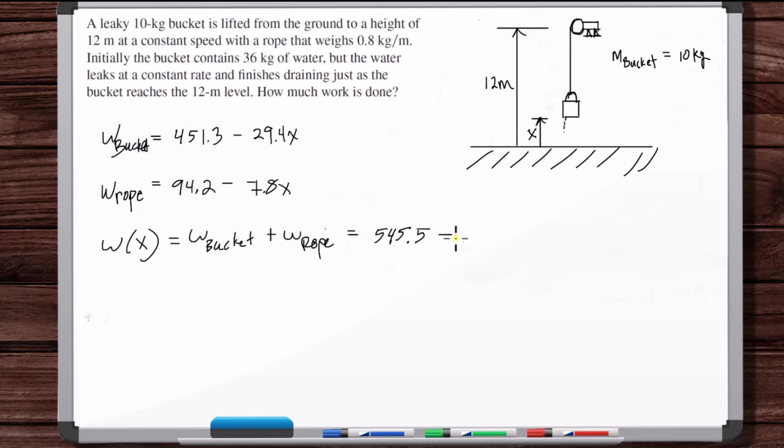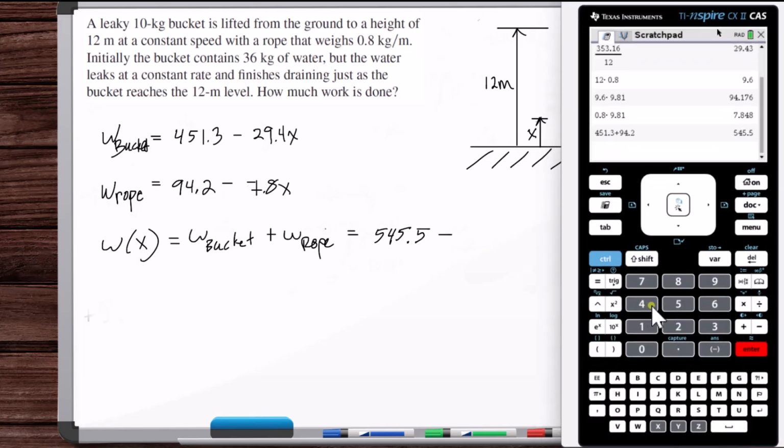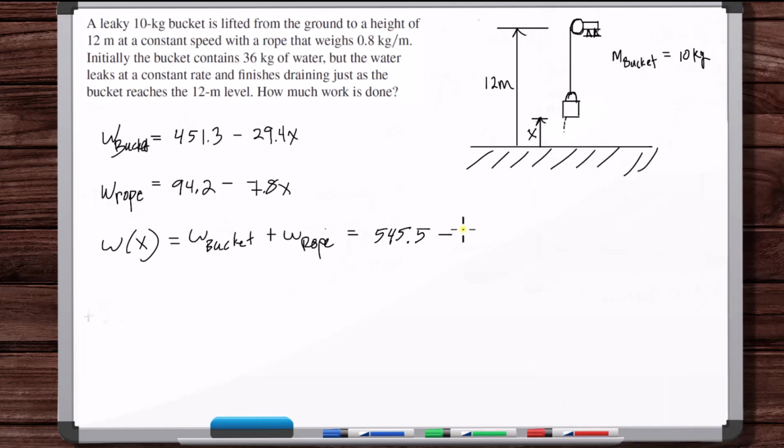Now 29.4 and 7.8, then minus 37.2x. So that's the force as a function of position.